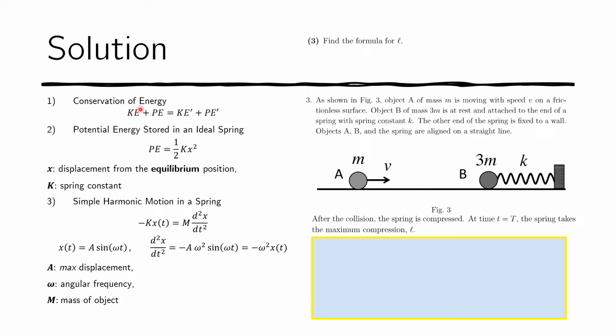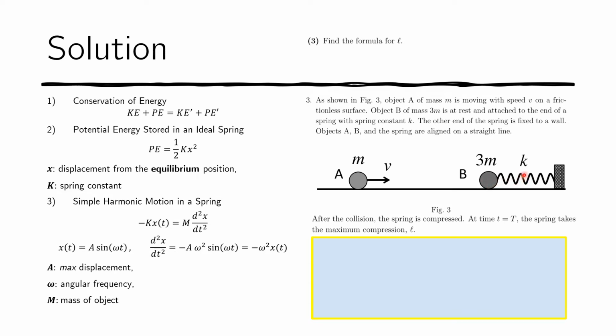And also, during maximum compression, if the spring is at maximum compression, it is about to come back, right? Because if it keeps moving forward, then it was not at maximum compression, right? So if it's at maximum compression, it would have to return to equilibrium position.